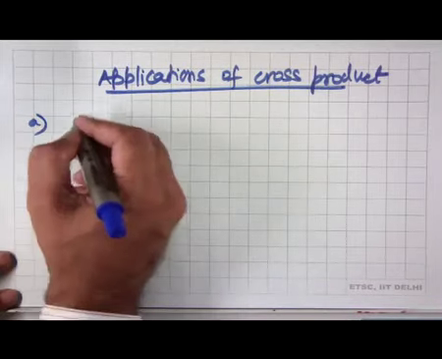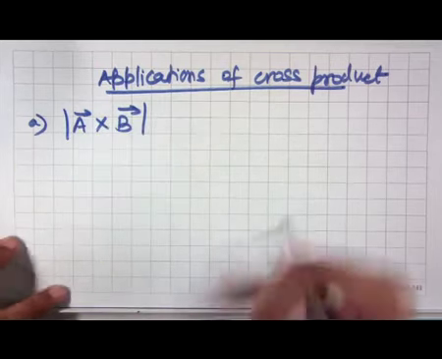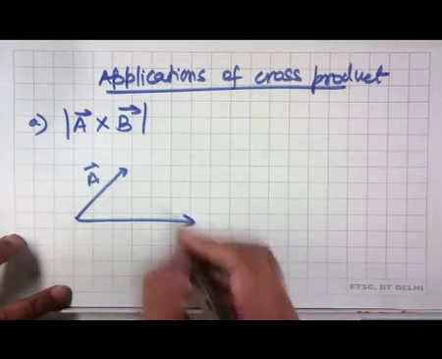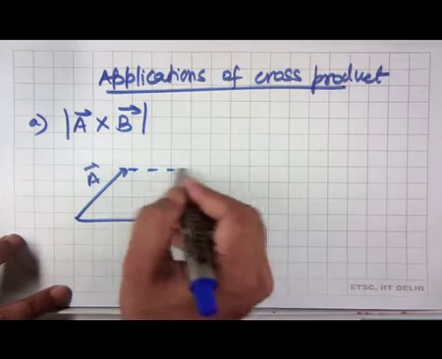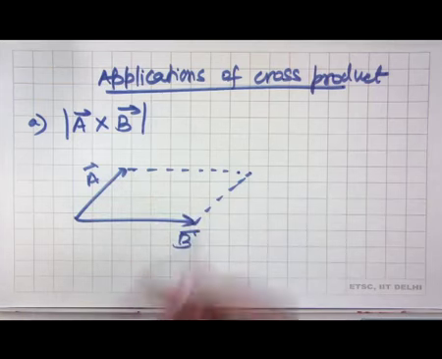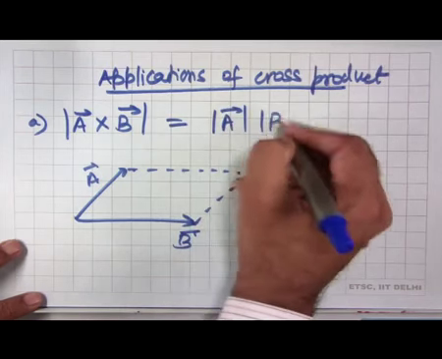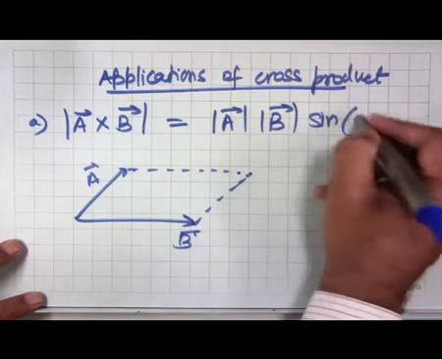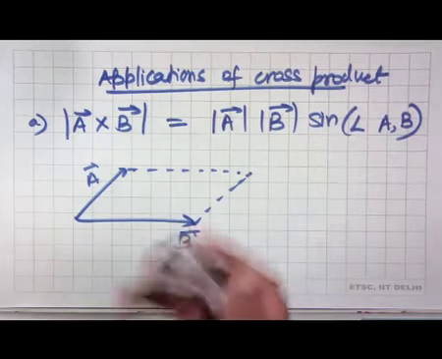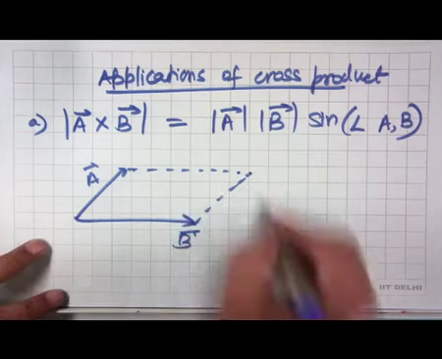The first one, if we look at the magnitude of A cross B. So, we have two vectors A and B, and if we look at the parallelogram which is formed by them, then the magnitude of A cross B is given by magnitude of A times magnitude of B times sine of the angle between A and B. Clearly, if you look at this parallelogram, this is also equal to its area.